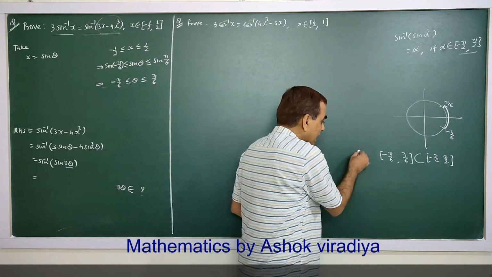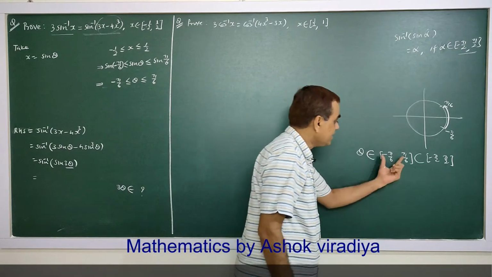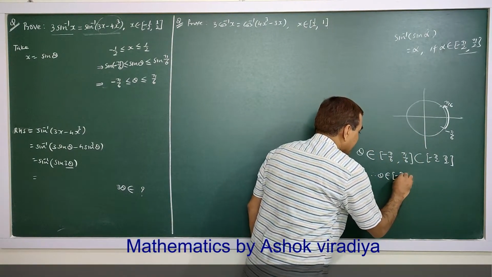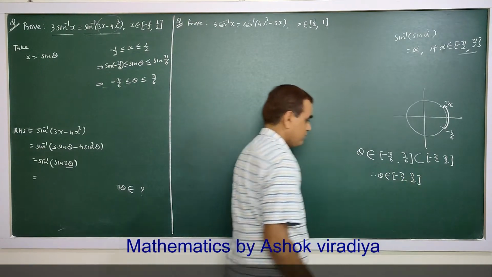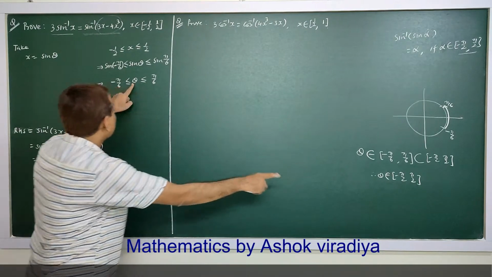So we have proved that theta is in this interval, and this is a subset of that interval, which means theta belongs to minus pi by 2 to pi by 2. So this is in the domain of sine.